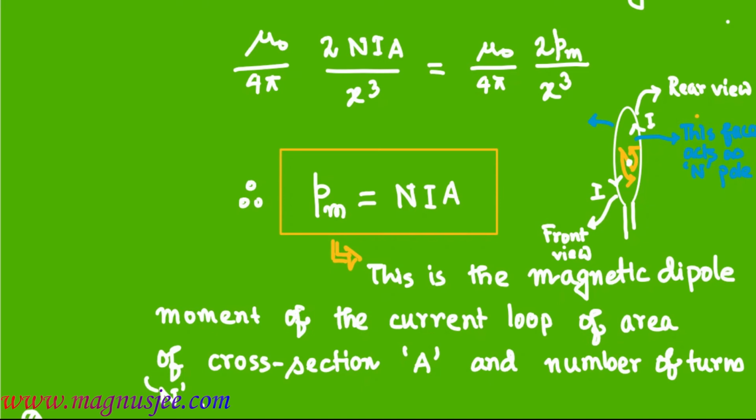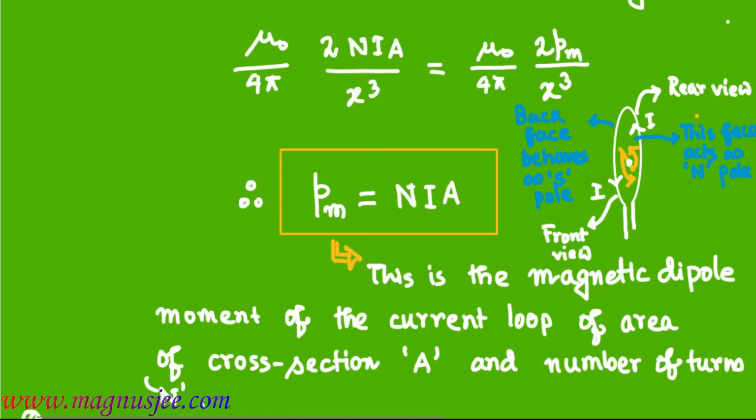And if the same coil is observed from the left end, the back face of the coil behaves as a magnetic south pole, S pole.